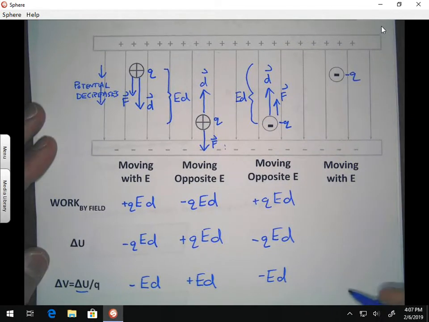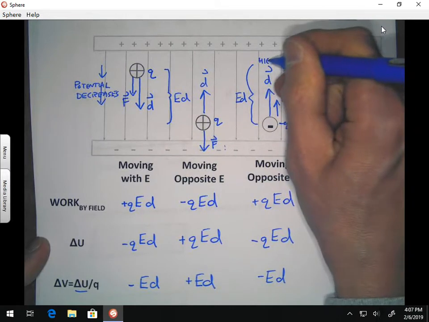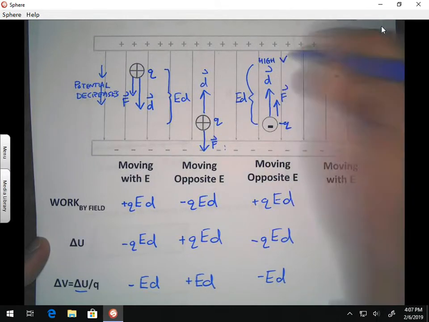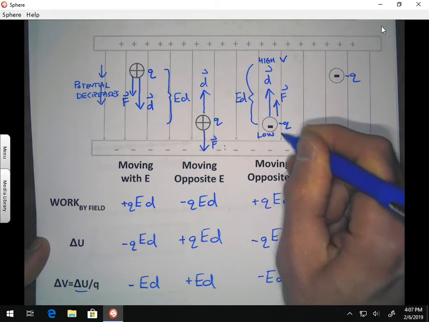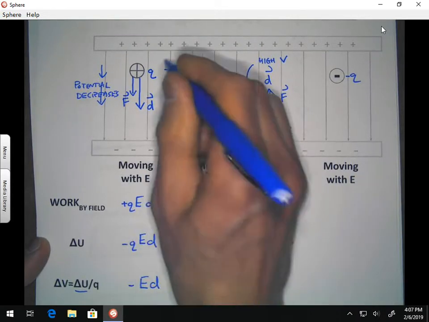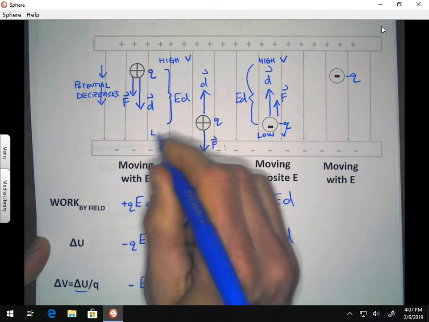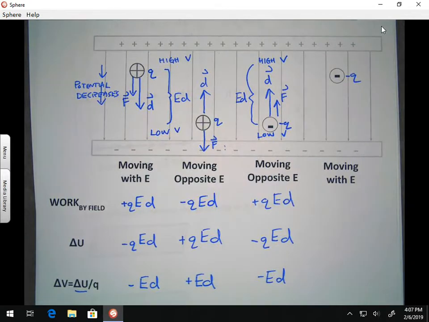Okay? So this is my high potential. This is my low potential. And that's exactly the same as what we had before, where we had a high potential here and a low potential there. Okay.